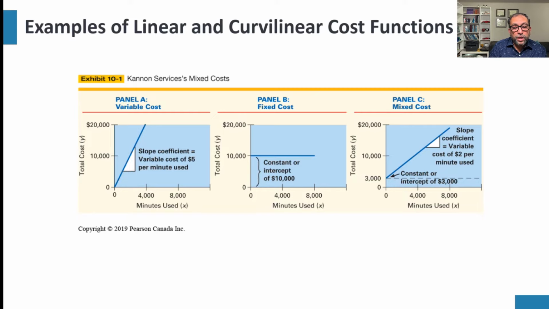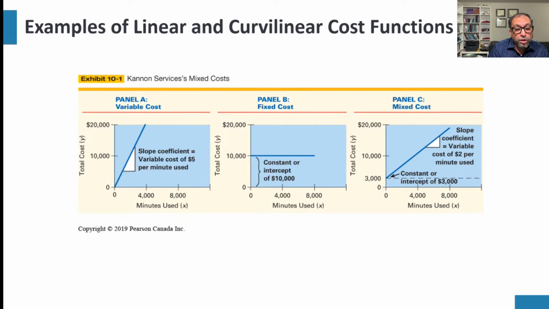And if you look at this graph, panel C, it's a mixed cost. It's starting from this point, meaning that there is a fixed cost of 3,000, and for every other minute you're going to be charged. In this case, the per minute cost is $5. In panel B, there is no per minute cost. That's a fixed cost of 10,000. You can make unlimited calls up till 10,000 minutes.